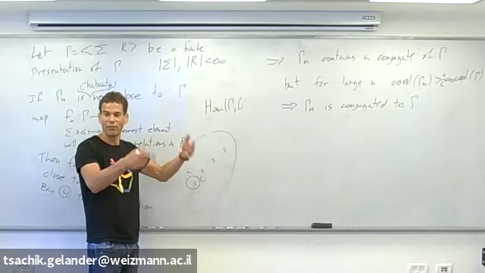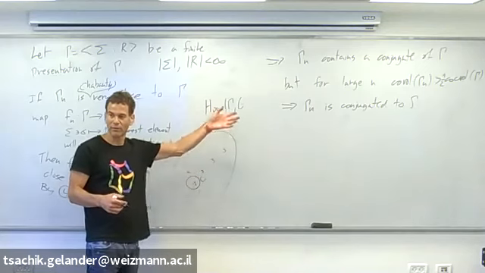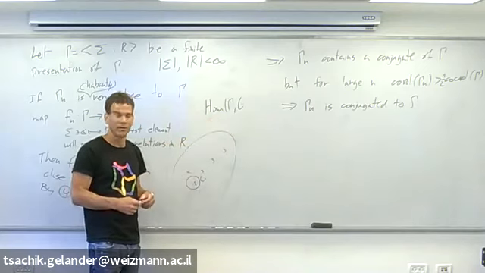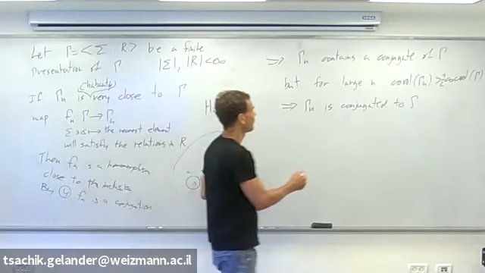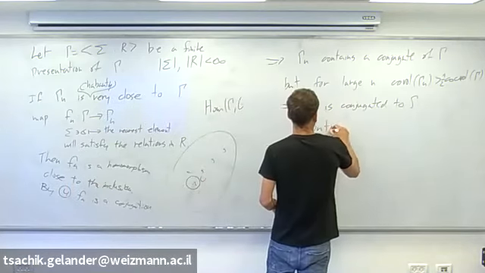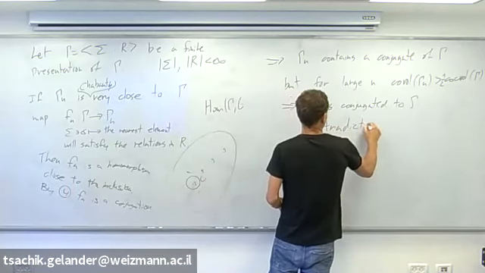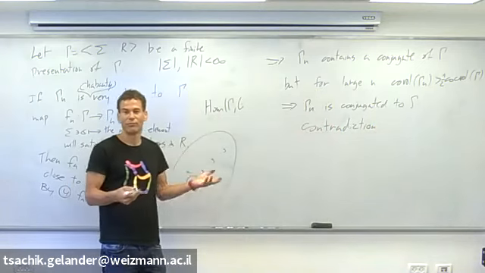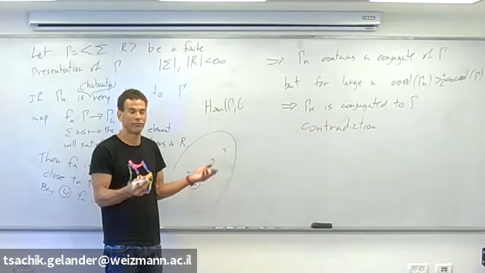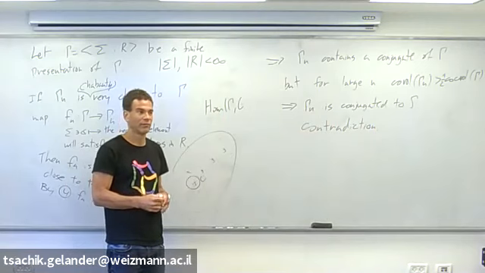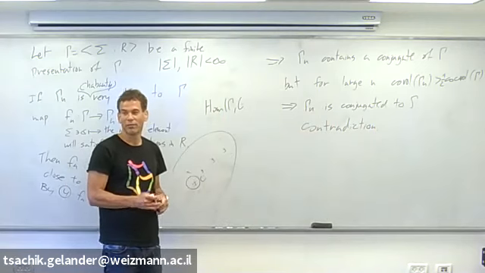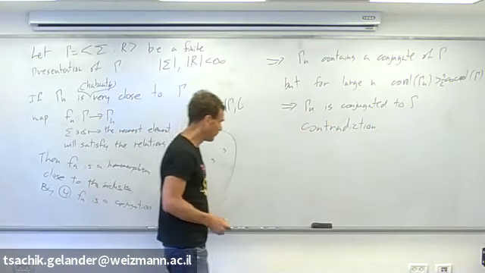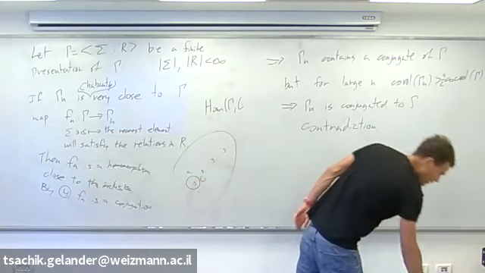But since co-volume just decreases in the limit, gamma n is a conjugate, and this is a contradiction, because we assumed that the gamma n are not conjugate to each other. So if they're all conjugate to gamma in the limit, they're conjugate to each other. So that's a proof of one theorem.